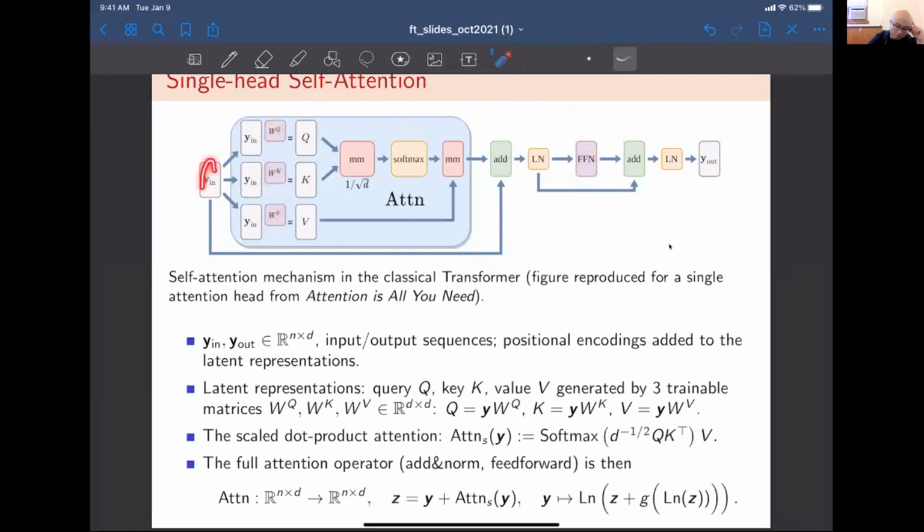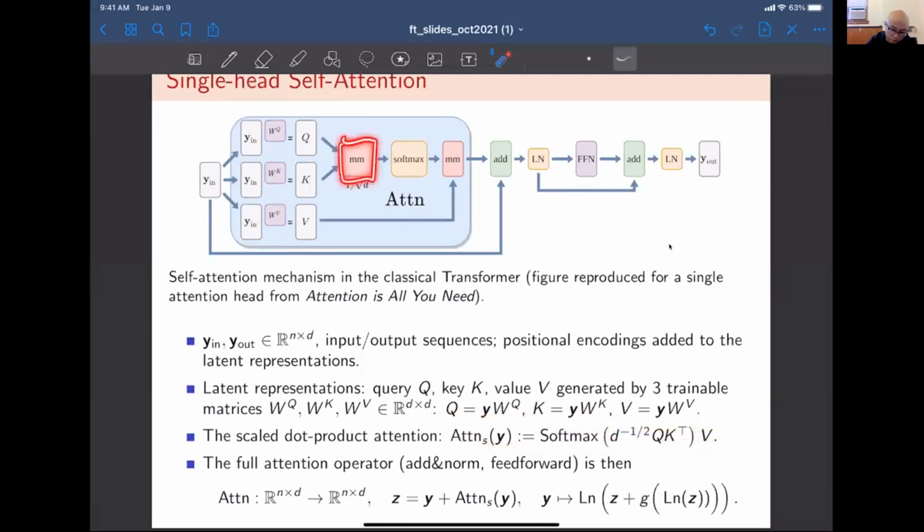Once this input goes in, it multiplies with 3 trainable matrices, called the projection matrices. We get the key, query, and value. After that, we do the scaled dot-product attention.